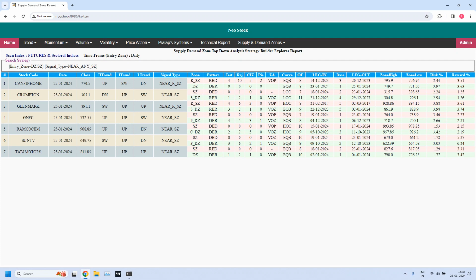Any other high liquidity? Yeah, here we have again Glenmark. Glenmark is moving between high liquidity demand zone and high liquidity supply zone because such kind of stocks always give multiple opportunities. Any other high liquidity supply zone?